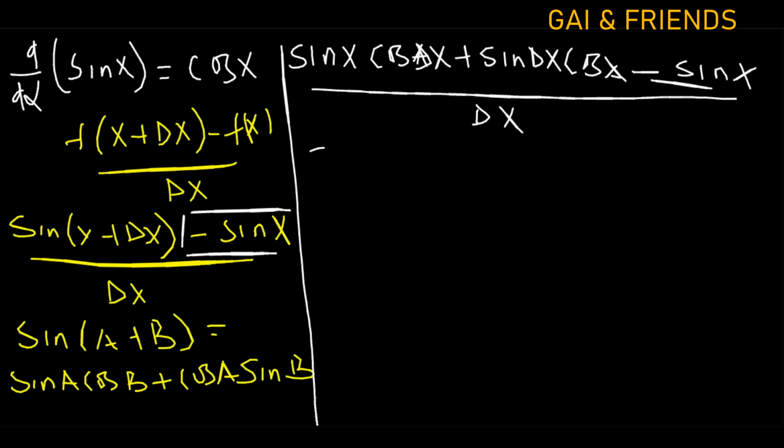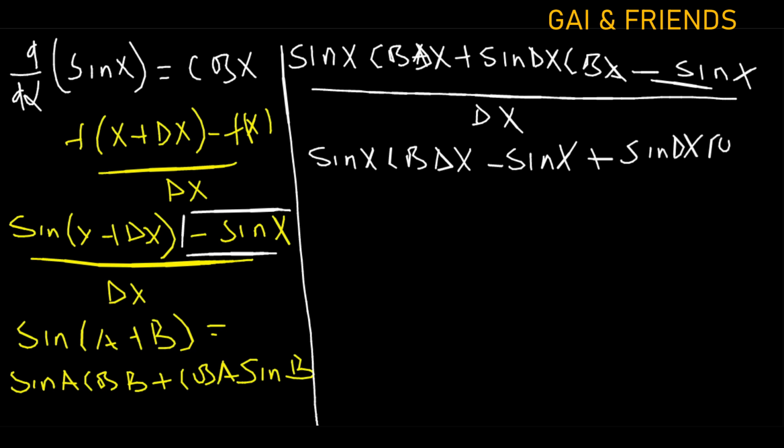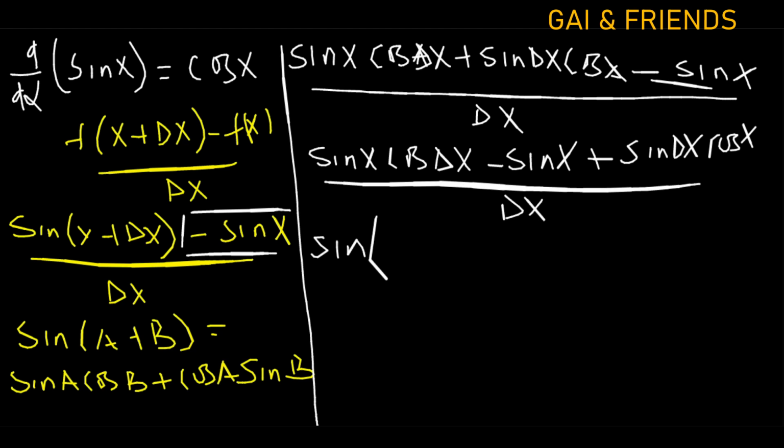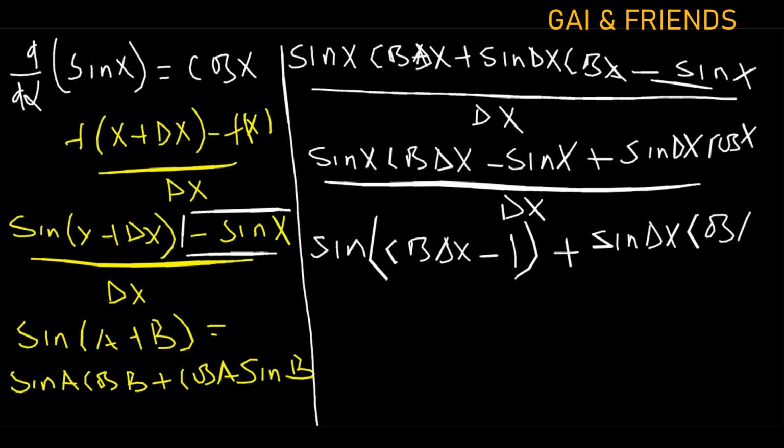When you write it this way, sine x cos delta x minus sine x plus sine delta x cos x, all divided by delta x. So now you can say sine x outside, cos delta x minus 1, plus sine delta x cos x, all divided by delta x.